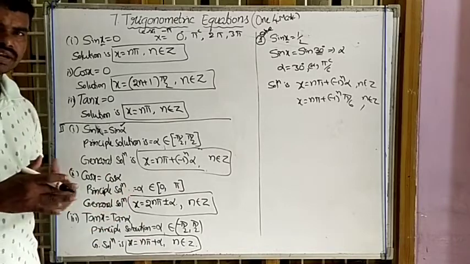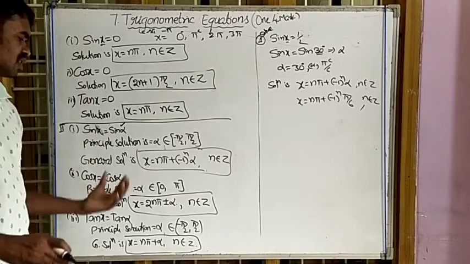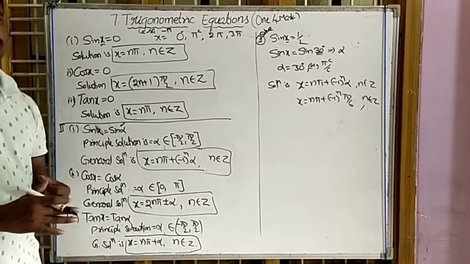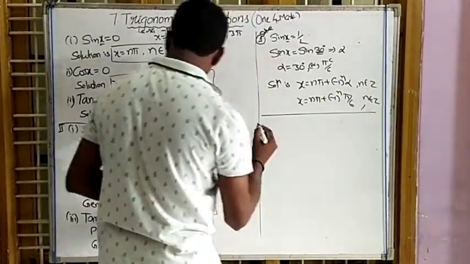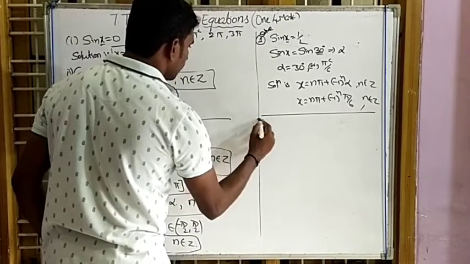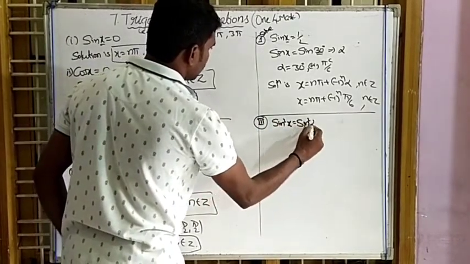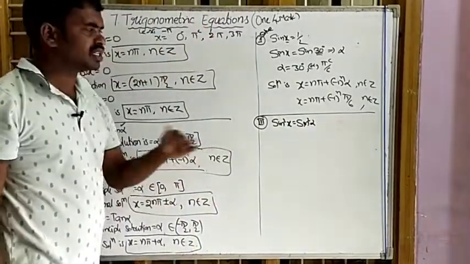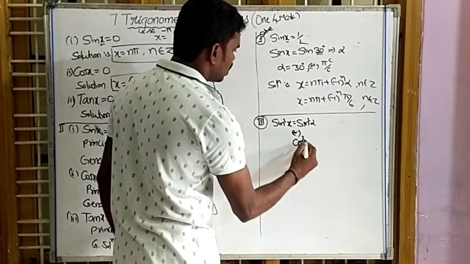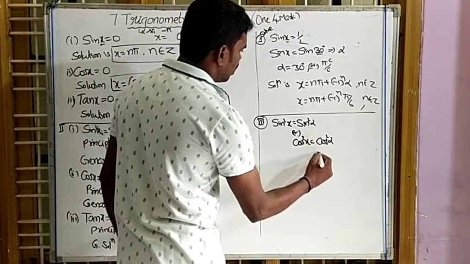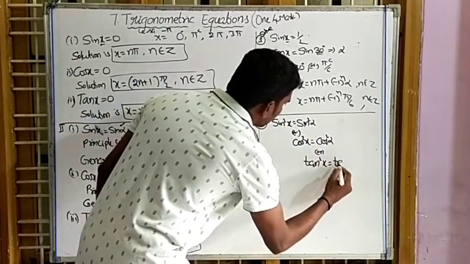Similarly, if the question is given in terms of secant, that can be converted into cos, so we can use the cos alpha formula, and similarly sin alpha. Okay, next, what are the remaining formulas? Next, in the third level, sin square x is equal to sin square alpha, or cos square x is equal to cos square alpha, or tan square x is equal to tan square alpha.